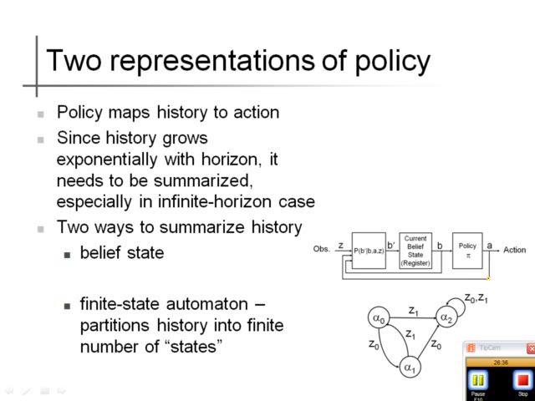The other, it turns out, is to represent the policy itself by taking the history, which is growing unboundedly, and partitioning it into just k equivalence classes, and then saying if you are in this equivalence class, you will have one particular action. So this is a sort of memory bounded policy representation.